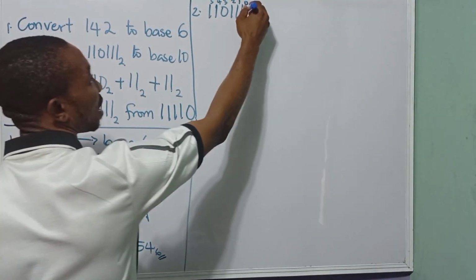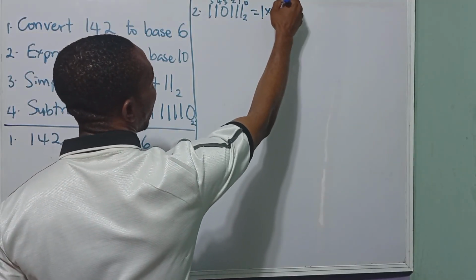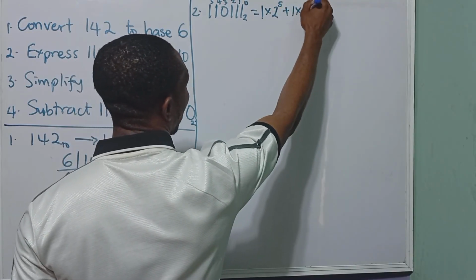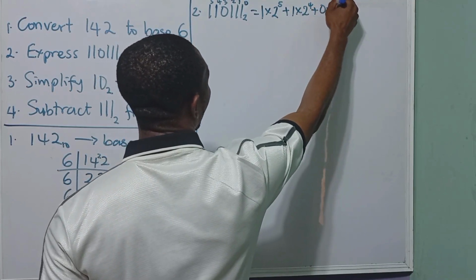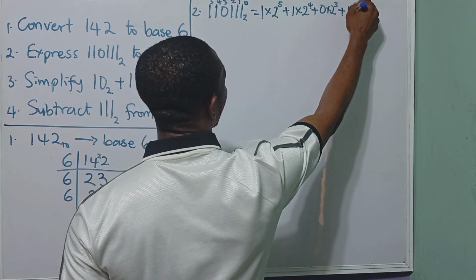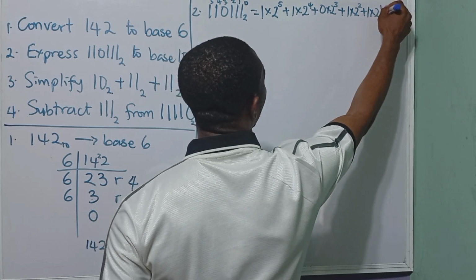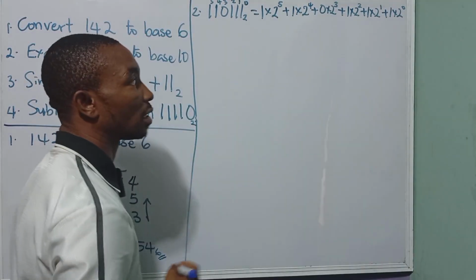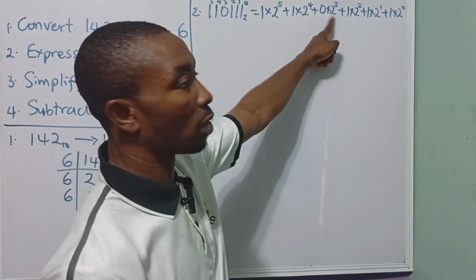Okay, having this, we have 1 times our base 2 raised to the power 5 plus 1 times our base 2 raised to the power 4 plus 0 times 2 raised to the power 3 plus 1 times 2 raised to the power 2 plus 1 times 2 raised to the power 1 plus 1 times 2 raised to the power 0.